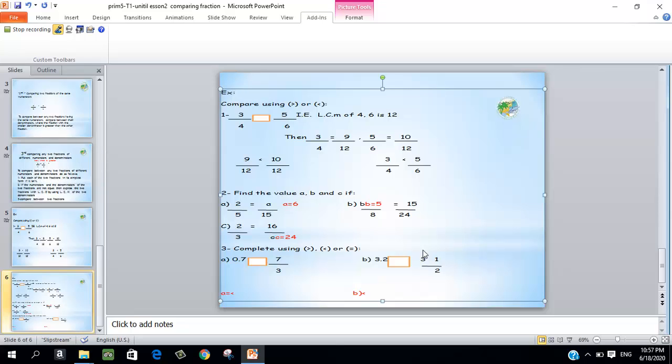This is a method. Another example: we can change 3 and a half, this mixed number, into a decimal. 3 and a half we can write as 3.5. Then 3.2 or 3.5, which is the greatest one? 3.5 is greater than 3.2. Okay?